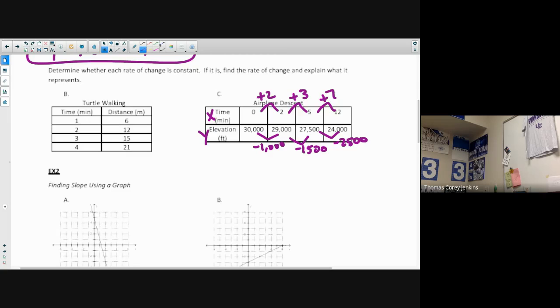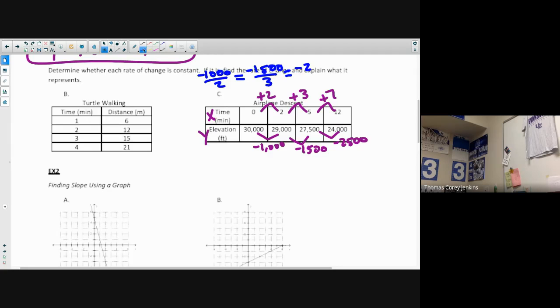First of all, it's definitely not as obvious as our last example. So we would probably want to do some division there to check. If I do -1,000 divided by 2, I get -500. If I do -1,500 divided by 3, I get -500. So those two are equal. And then the last one, sorry, that's -3,500.